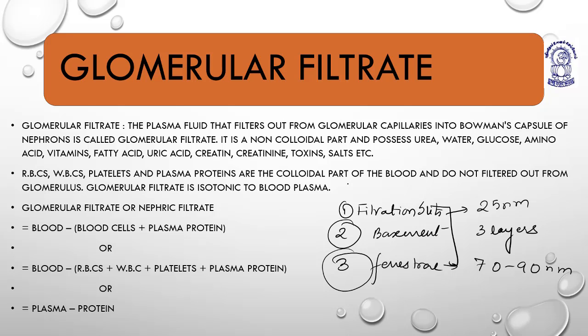Now see, the filtration slit is the innermost, with a size of 25 nanometers. Then in between we have the basement membrane. Then outside we have the fenestrae, that is the endothelium wall of the blood capillaries in the Bowman's capsule, having small pores, known as fenestrated epithelium.